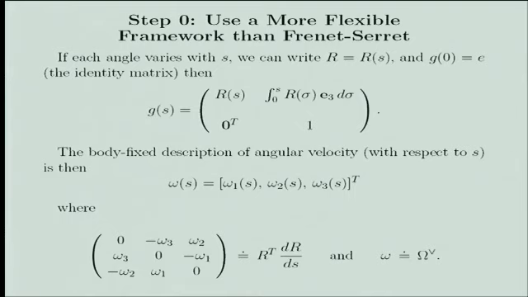So if we parameterize space curves in the following way, where we have a rotation matrix that depends on arc length, and we have a position along the curve that's the integral of the tangent vector. The tangent vector can be written as r times E3. That gives us the local tangent to the curve. Then we can compute the twist in the following way. The angular velocity of an evolving reference frame can be taken as r transpose times r dot, or dr ds, and take the vector quantity of that.